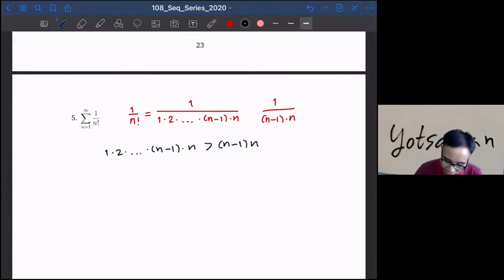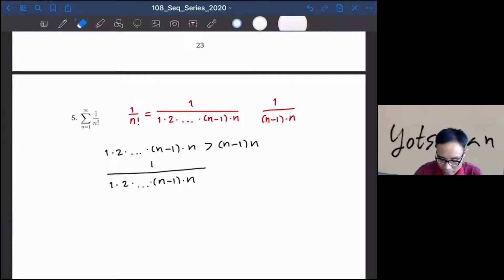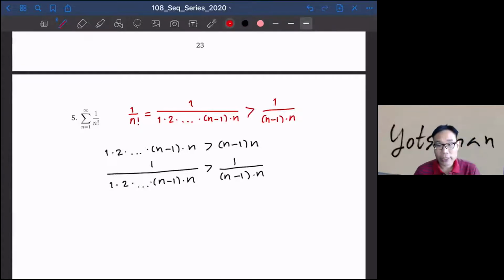And you see that if you flip this one, it's going to be 1 over 1 times 2 times n minus 1 times n, and it's going to be more than 1 over n minus 1 times n. The sign that we must put here is greater than.